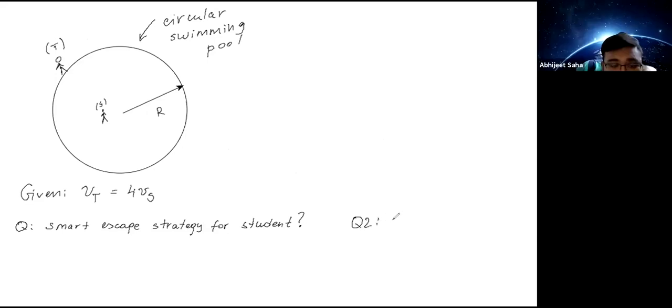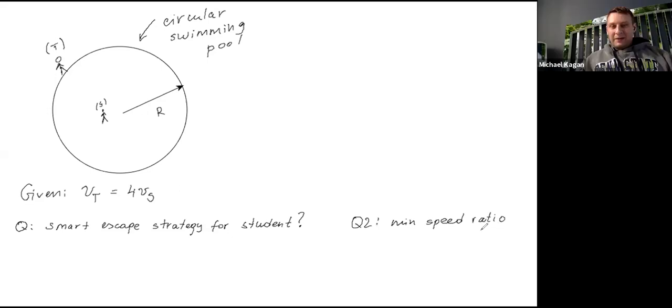Yeah, I don't know about the minimum multiplier, but I think I know the method for getting away with 4. Okay, yeah, well, disclaimer, spoiler: with this ratio, there is a strategy for the student to escape. So the minimum ratio is greater than 4. So, the minimum speed ratio such that there is no escape strategy.